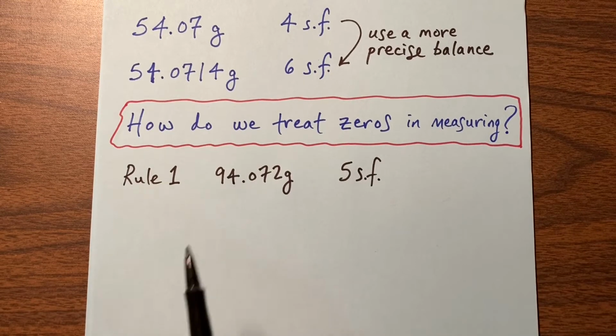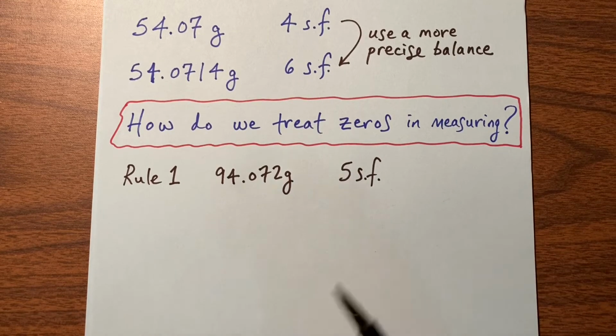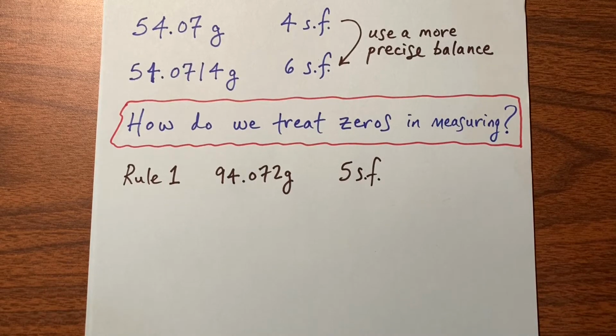And again, you might be wondering, why do we care so much about how many sig figs there are in a measurement? Because we often use measurements like this, like mass. We might be using it to calculate the density of an object, just like you did in the density you're doing this week in figuring out the density of an egg.